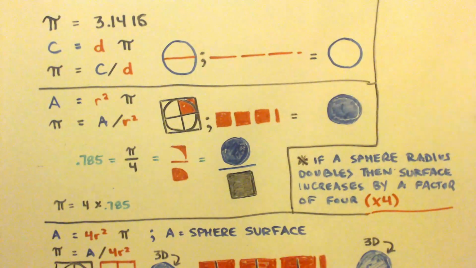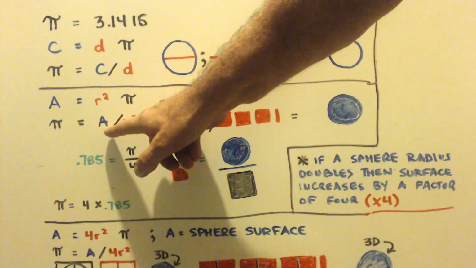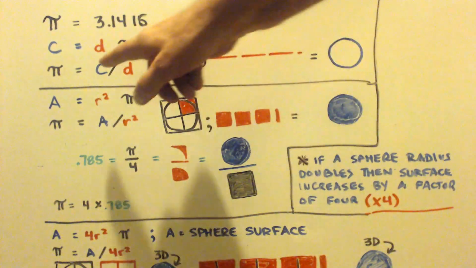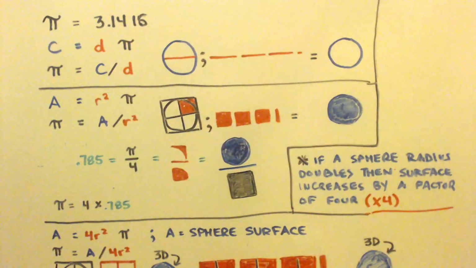The areas are equal, okay? Pi is a ratio, and that's why it doesn't have any units. These are area units and area units, distance unit and distance unit. They're the same units, so they cancel out.